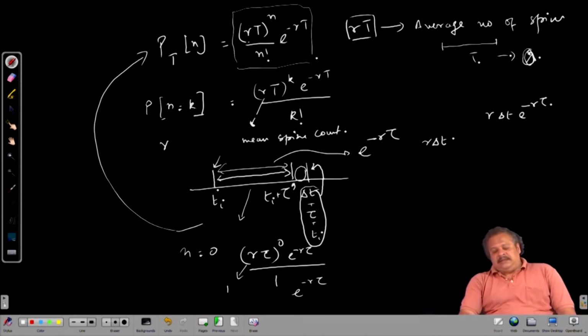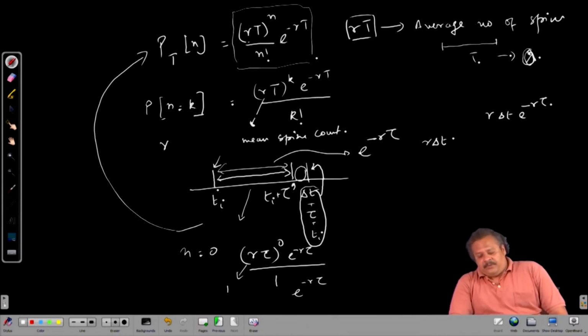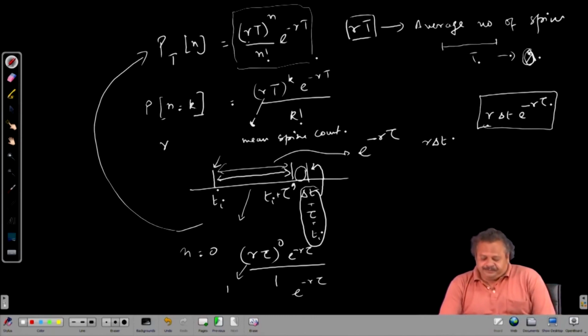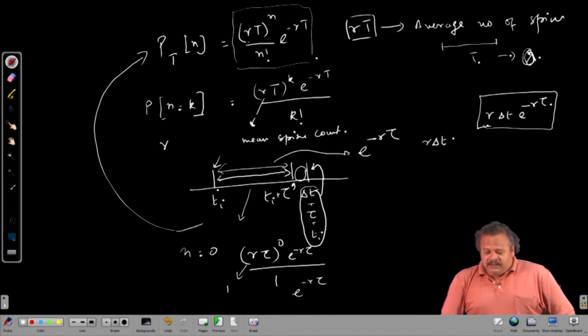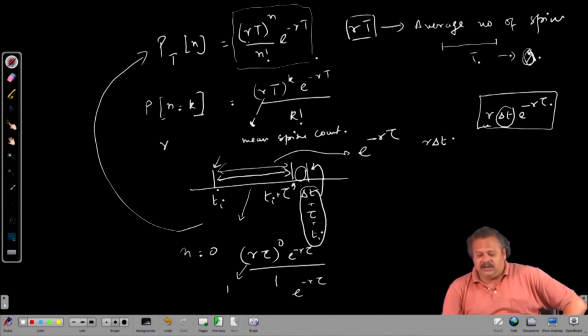Now since the interspike interval is a continuous random variable, we will have a PDF. If this is the probability of observing a tau sized interspike interval, or a tau to tau plus delta t sized interval, then the density will simply drop this delta t. This probability is obtained by multiplying the density with delta t, assuming that delta t is very small and the probability is fixed in that time window.